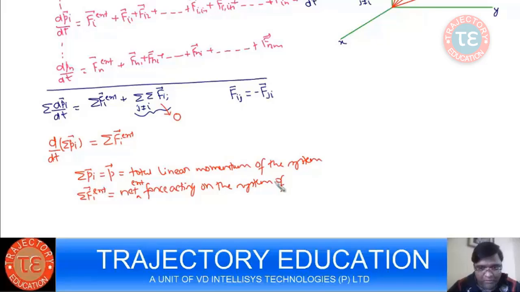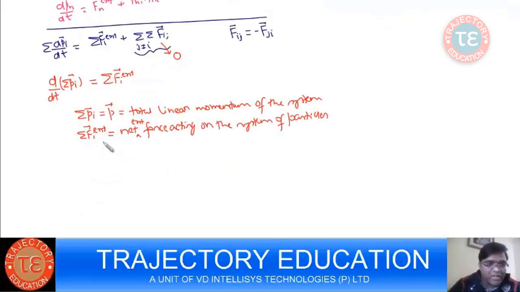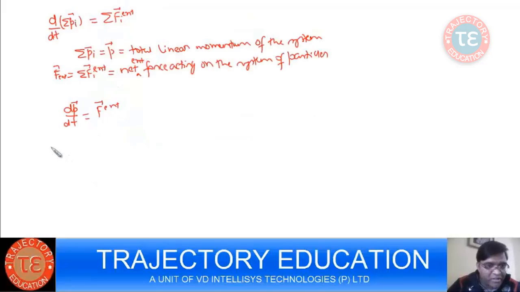Net external force, I should write. I can call it FExt. So for a system of particles, the rate of change of resultant linear momentum is equal to FExt.